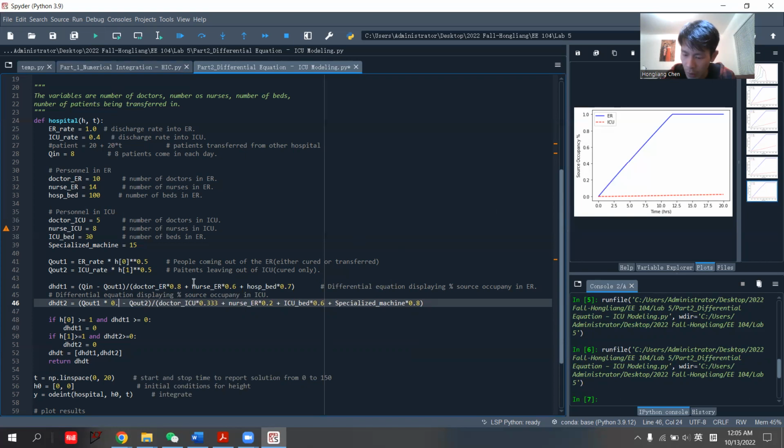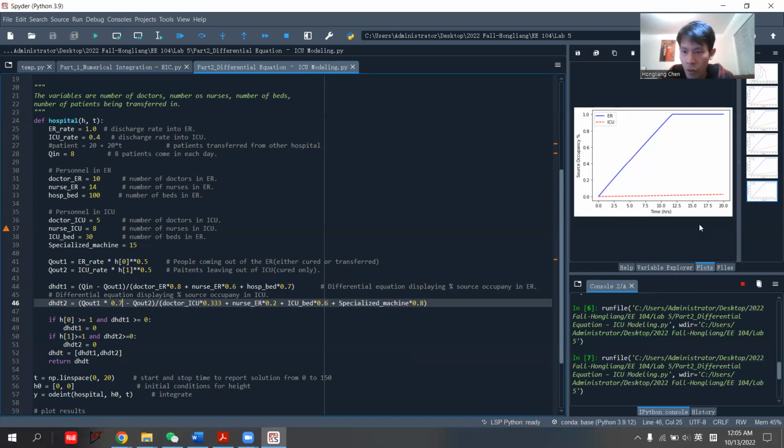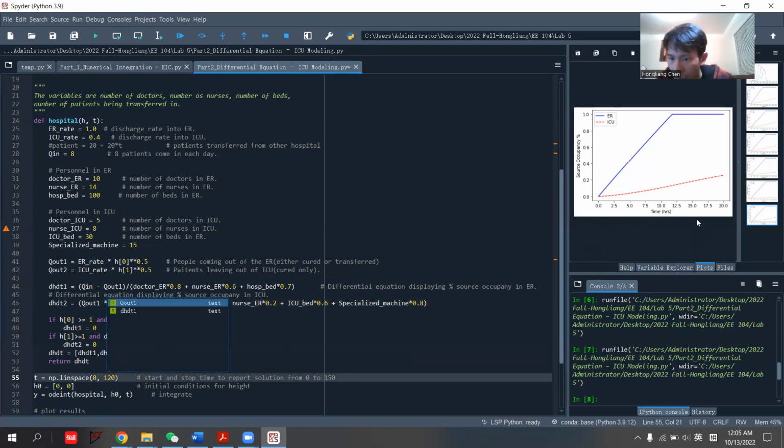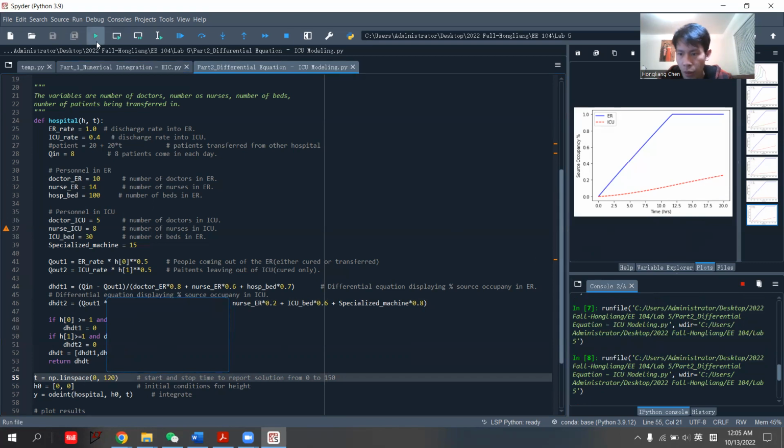And let's say at the beginning of the COVID-19 pandemic, almost 70% of patients were sent into the ICU. If it keeps going, eventually it reaches saturation, but just not now. Let's set it as 120 hours for the time interval.